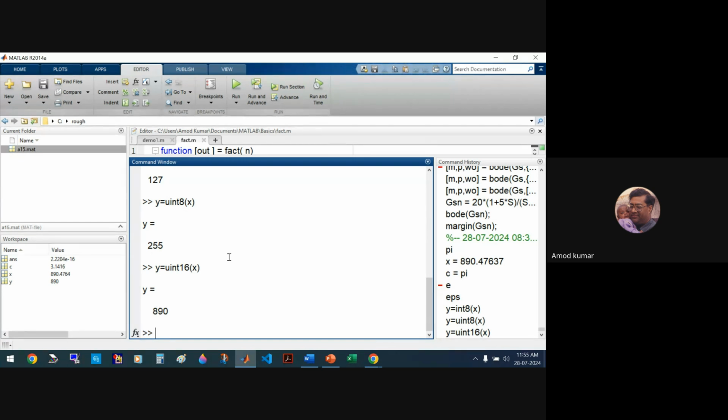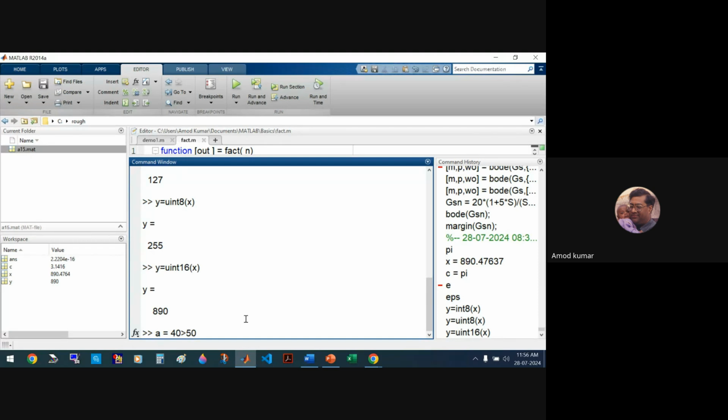Now I'll give you an example of the logical instruction. Let us say I define a variable A, and I define it as equal to 40 greater than 50. There is a logical evaluation whether 40 is greater than 50, and whatever result comes out of it, either it will be true or it will be false.